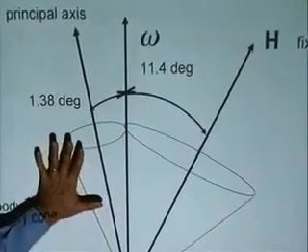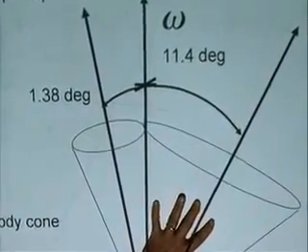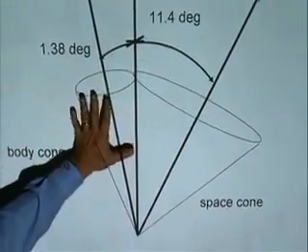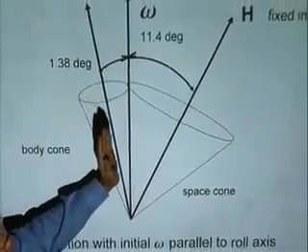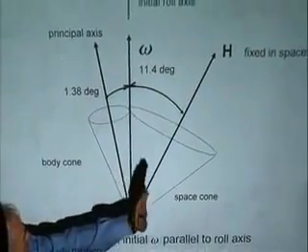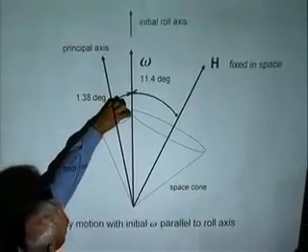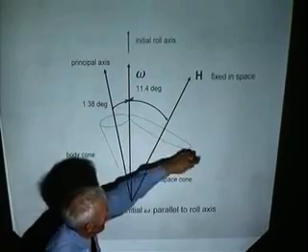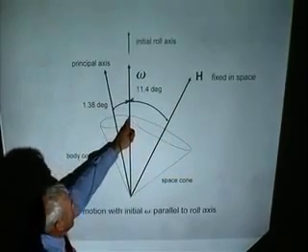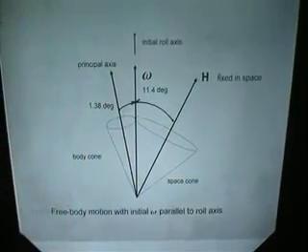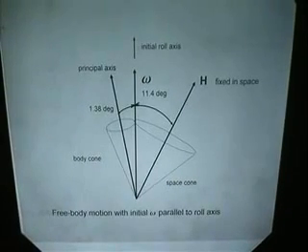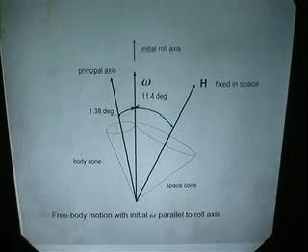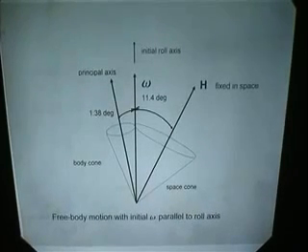Now you've got this beautiful classical space cone, fixed in space, on which this body cone is rolling without slip, going around, going around, going around. So this point here on the body cone is doing this bicyclist wheel kind of thing if you track that initial point on the x-axis of the spacecraft. So beautiful, elegant solution, a way to visualize and remember what's happening in this kind of situation.